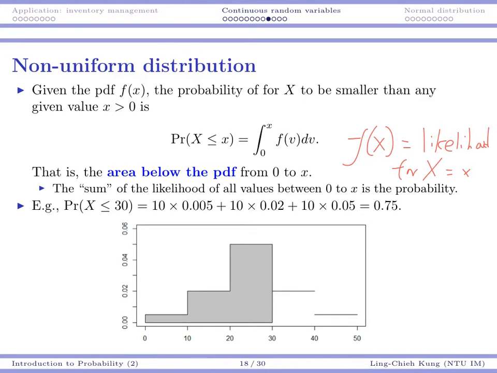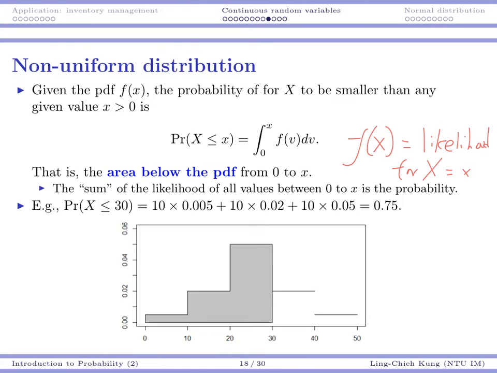So now, first, a probability for x to be within a region can be calculated according to the area below the PDF. Okay, so that's the first thing. The second thing is the value of your PDF measures the likelihood of x. Okay, that's the second thing.